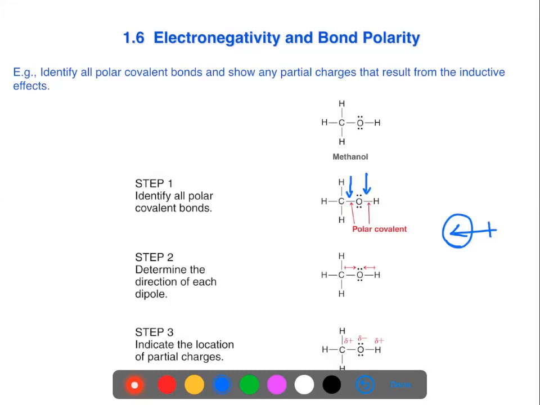And so we can also indicate the partial positive and partial negative charges associated with the elements in these polar covalent bonds. Oxygen, in this case, being the most electronegative element of the three, will carry the partial negative charge, and the delta positive or partial positive charge will be associated with the hydrogen on the right side, and carbon on the left.